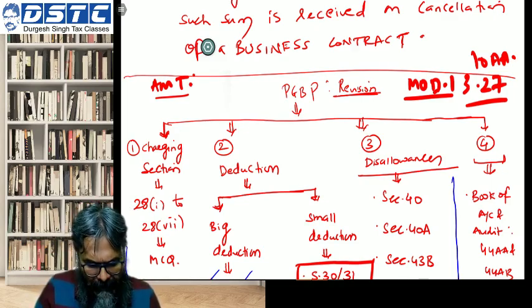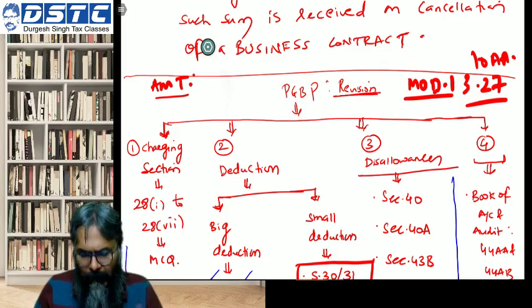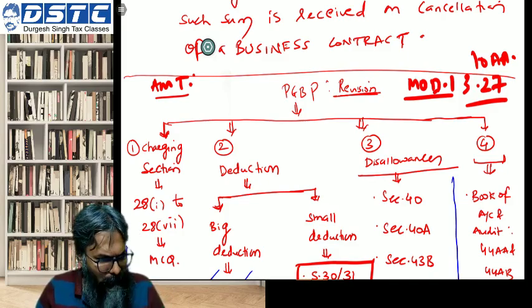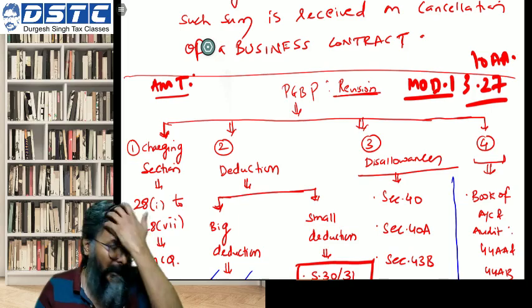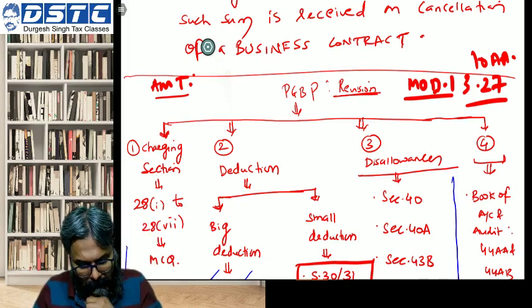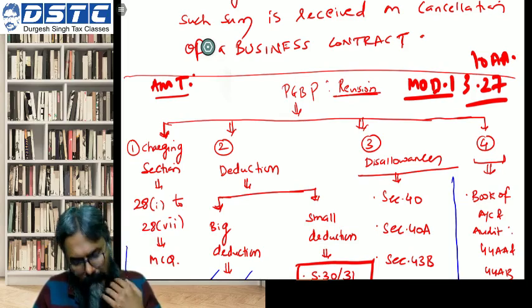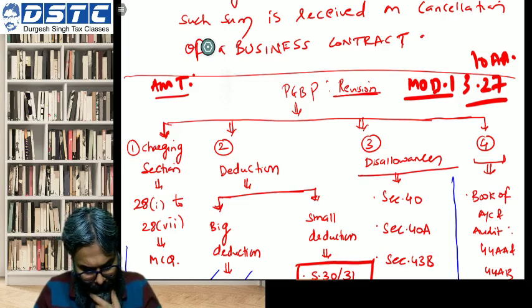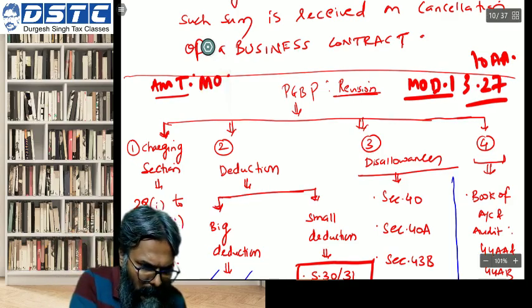I will see if there are any practical problems which can be further solved. That I will try to use for my discussion. Can anyone quickly give me AMT? AMT would be towards the later part, module 3.